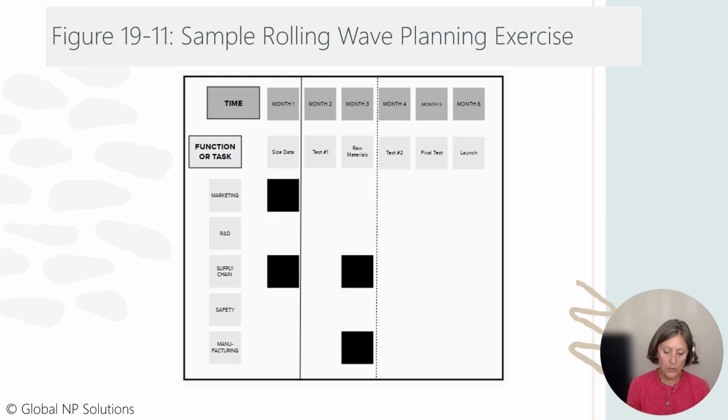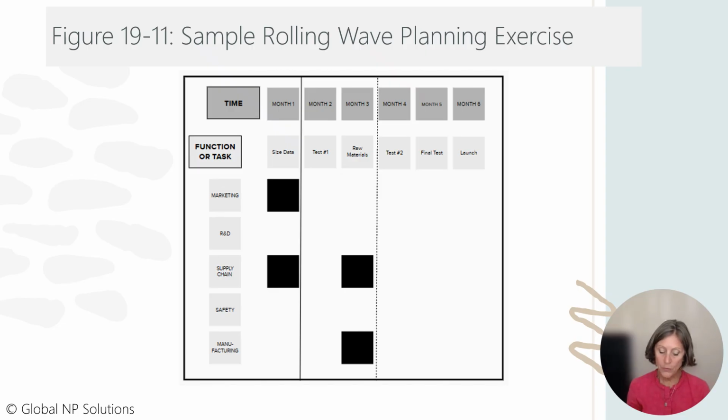The project is expected to last 6 months, shown across the top, and several core functions are identified as rows. Activities in the first month are planned in detail, while those in the second and third months are planned at a higher level. Important milestones are noted for the final time frame of the project.